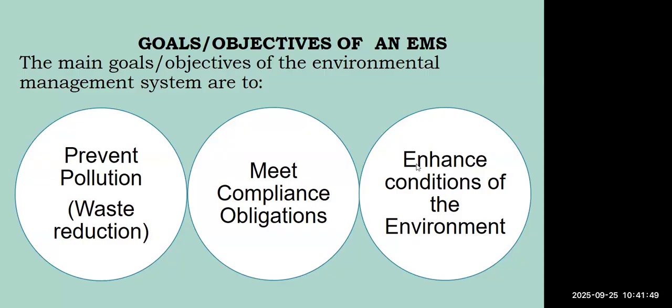Miss, to add to what she was thinking, I was thinking since the companies are already harming the environment, they have an EMS in place to better it so that they could give back to what they already took away because they had to destroy the environment in order to build their company. So they have an EMS to give back to the environment. That's what I'm thinking. Yeah.